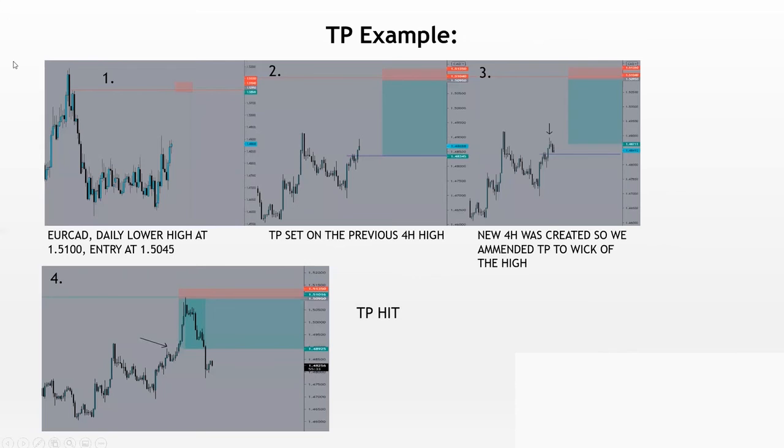So you can see here, example number 1, top left. This is Euro CAD. There's a daily lower high at 1.5100. Okay, so now what we are going to do is enter, and I've drawn the number wrong here. If price is at 1.51, we are going to enter at 1.50, and that's meant to be a 9, so 1.509.5.